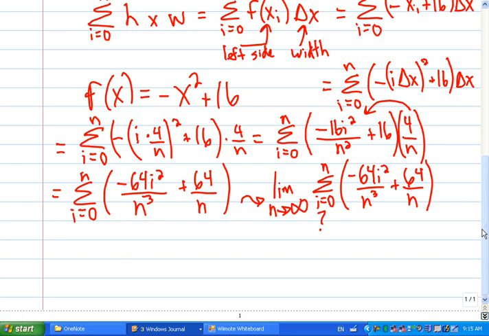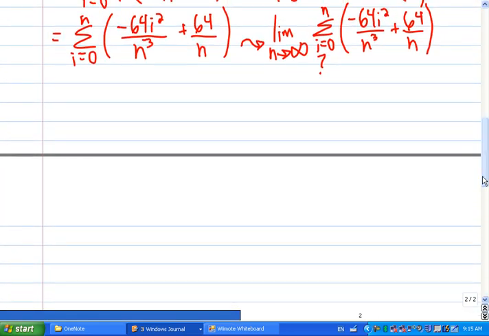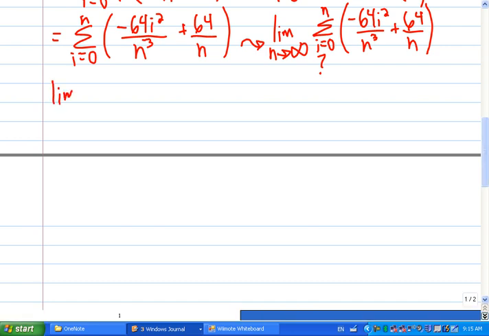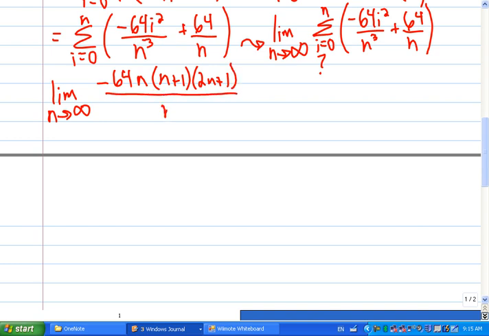I can make this the limit as n goes to infinity of negative 64 n times n plus 1 times 2n plus 1 all over n cubed.